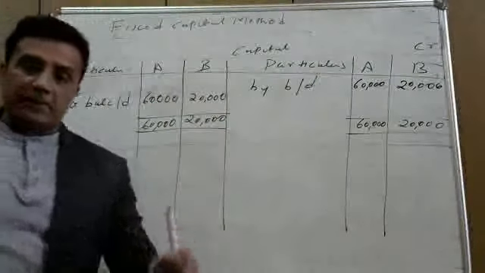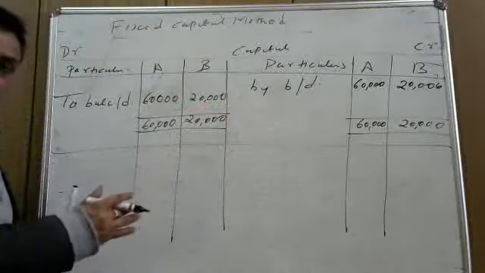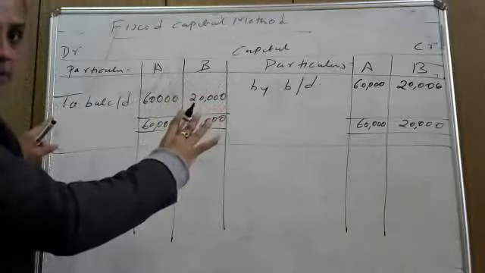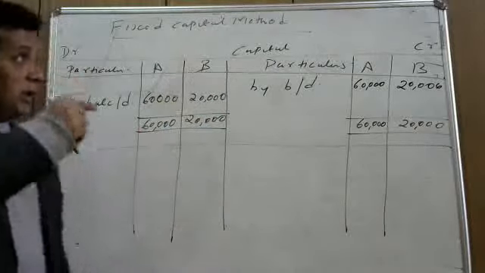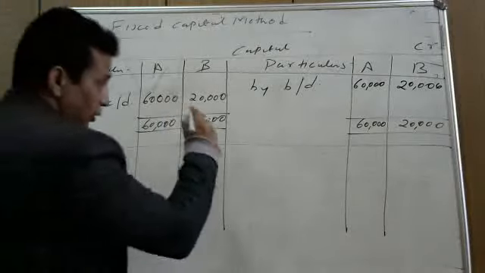Now this is the portion of the fixed capital account. I told you the fixed capital account changes in two conditions only: when any partner brings additional capital or permanently withdraws. Both conditions are not given in the question, so the capital account remains the same. Hope this is clear?